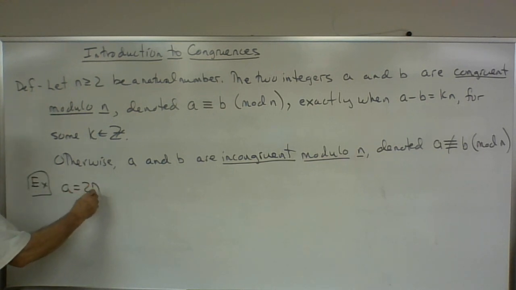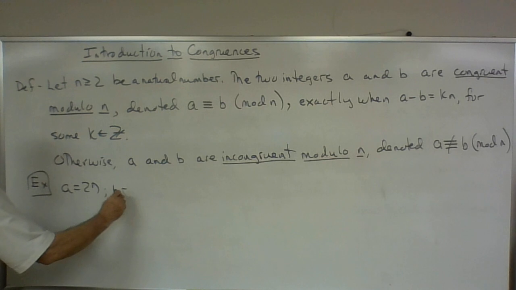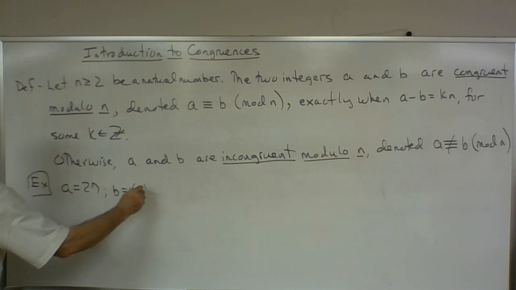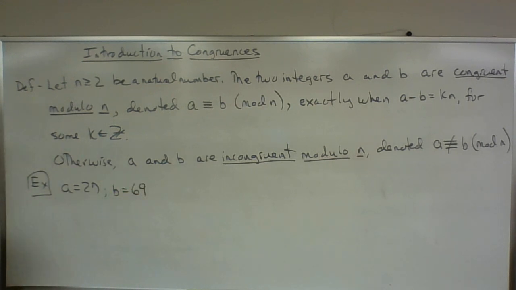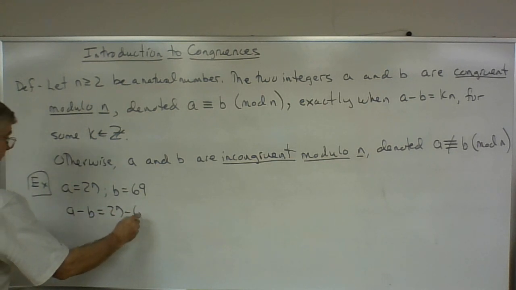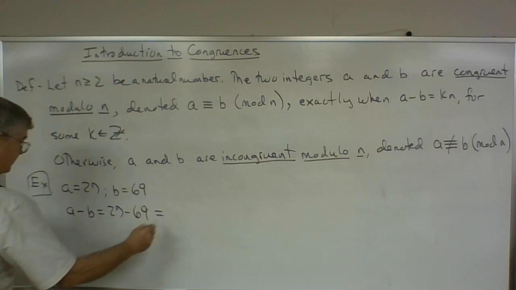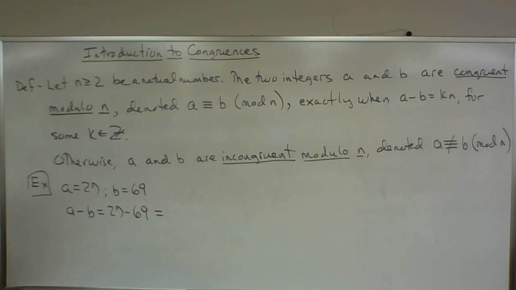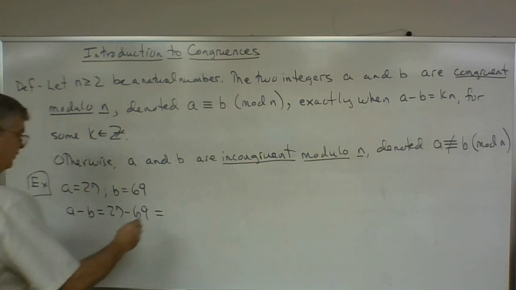A equals 27, B equals 69. Okay, A minus B is 27 minus 69, which I hope is 42.